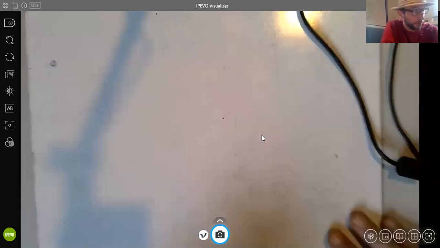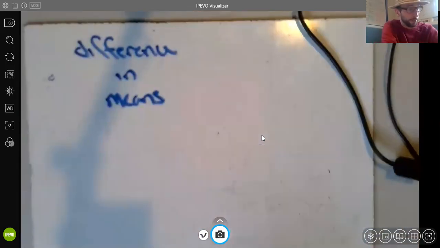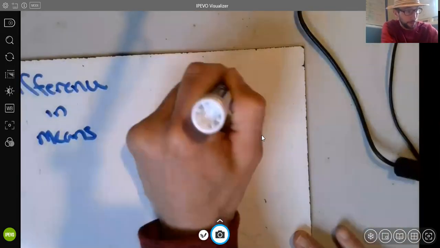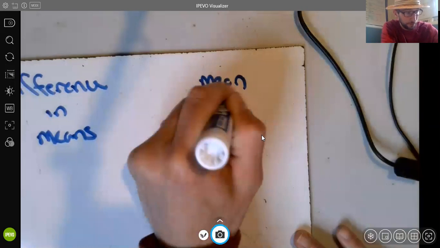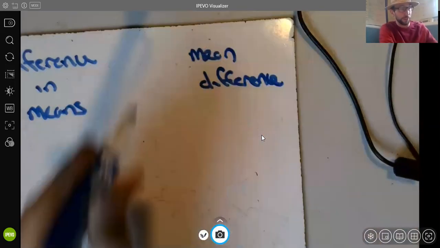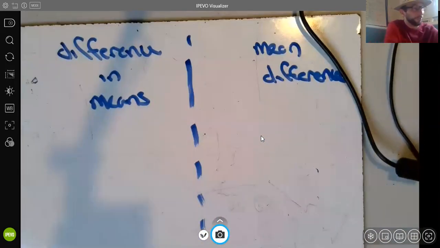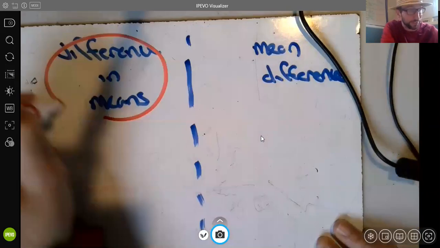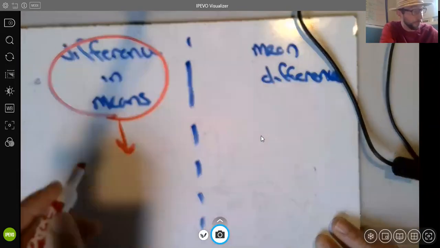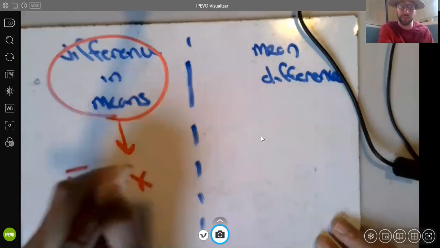So if we're talking difference in means versus mean difference, these are 2 very different things. Difference in means is literally saying you have 2 means and you take the difference in them.